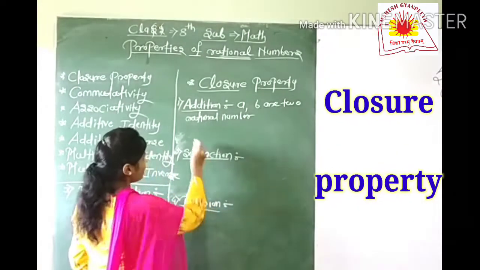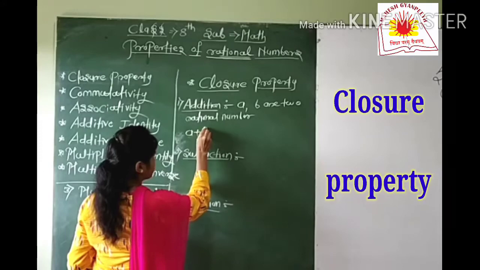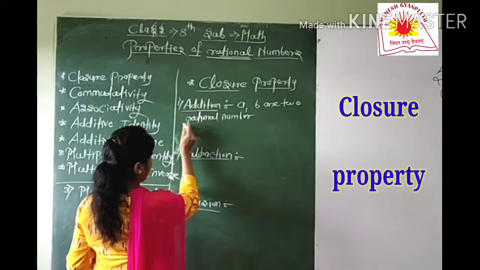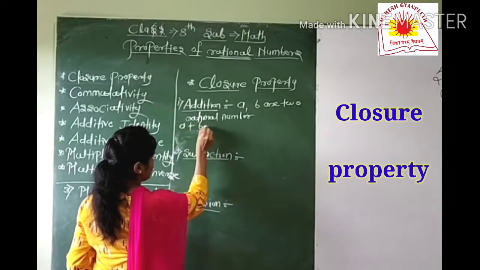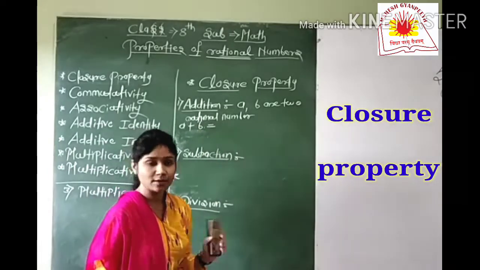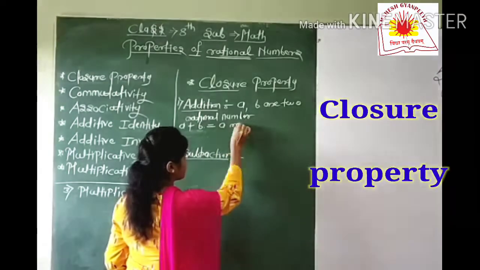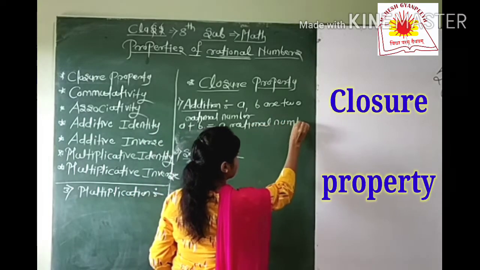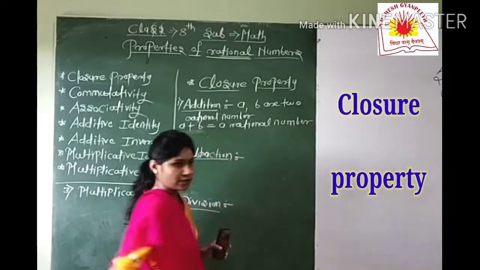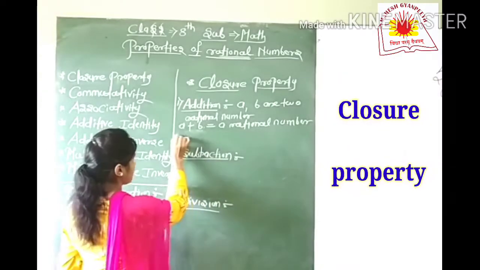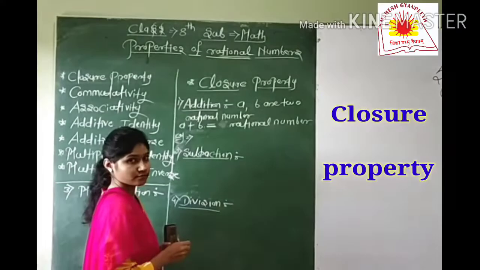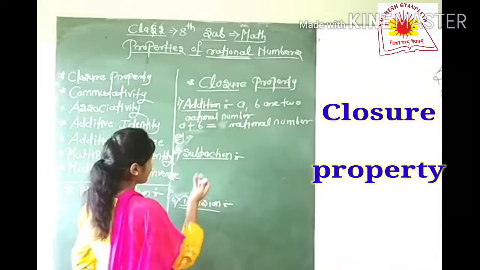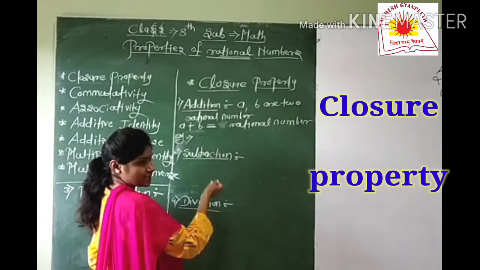Then if we add A plus B, their sum is also a rational number. We have to check this here using an example.